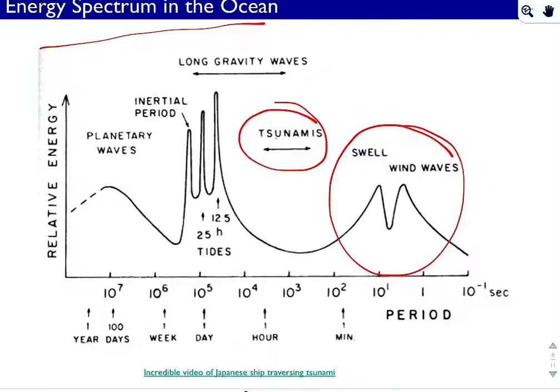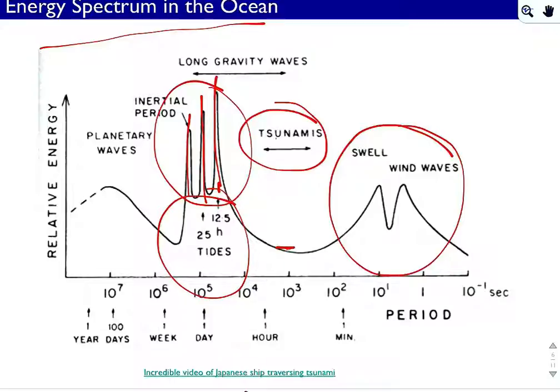But they're so rare that they don't account for much energy in the ocean. And then you have the tides. The tides come in these very discrete periods that are related to the periods of the astronomical forcing. So they have these little peaks that you see here, and these are all on the order of hours and days.